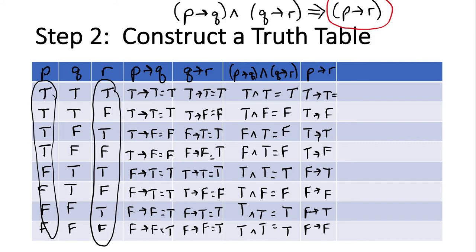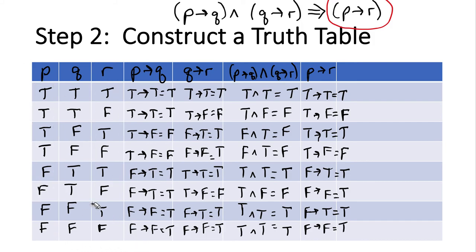And so we'll then go back to our if-then chart and we'll look up the truth values for these statements. So we know that true arrow false is false, and every other case is going to be true.